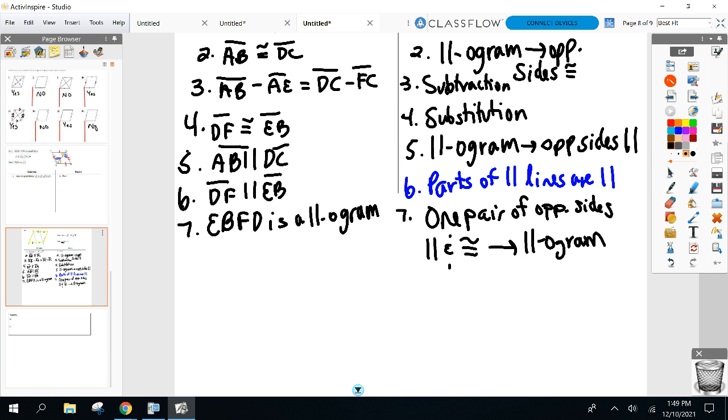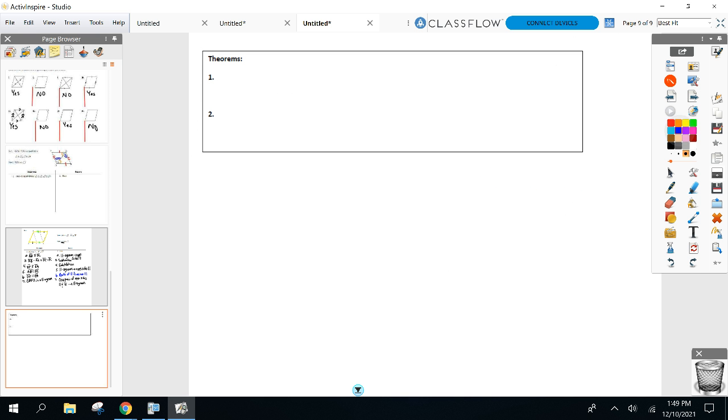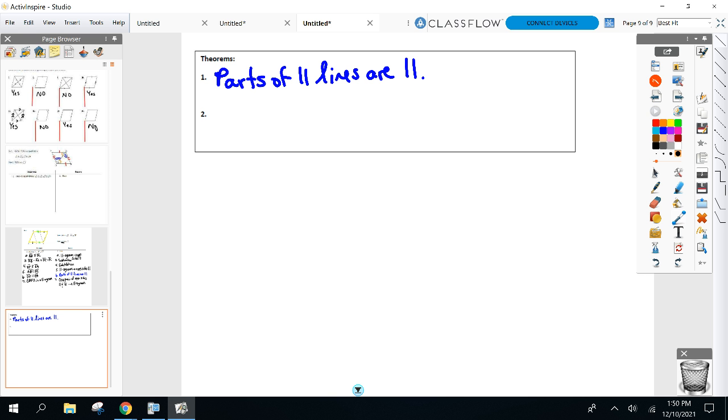Anything you want to ask before we officially write down this theorem? All right. So we just learned this one, right? The new theorem, which is parts of parallel lines are parallel. What if I want to go backwards, though?